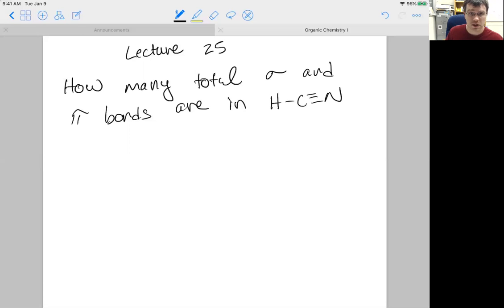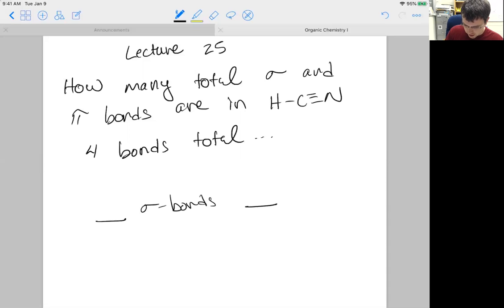I've drawn the Kekulé structure out for us. So it looks like we've got 4 bonds total. How many of them are sigma bonds, and how many of them are pi bonds?